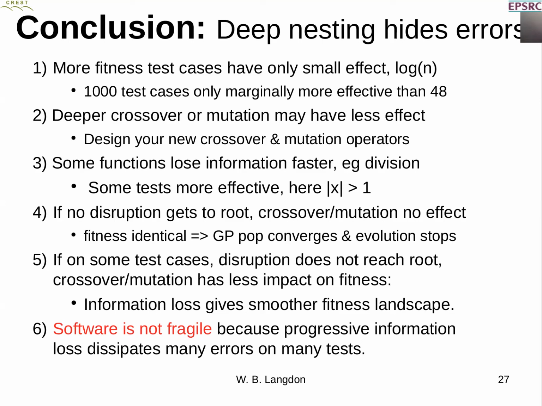Given that high selection will cause the population to converge pretty quickly, and once the population converges, effectively evolution stops. So essentially, from an information theory point of view, the information loss is meaning that disruption doesn't reach the root node. In other words, we're getting a smoother fitness landscape due to information loss.